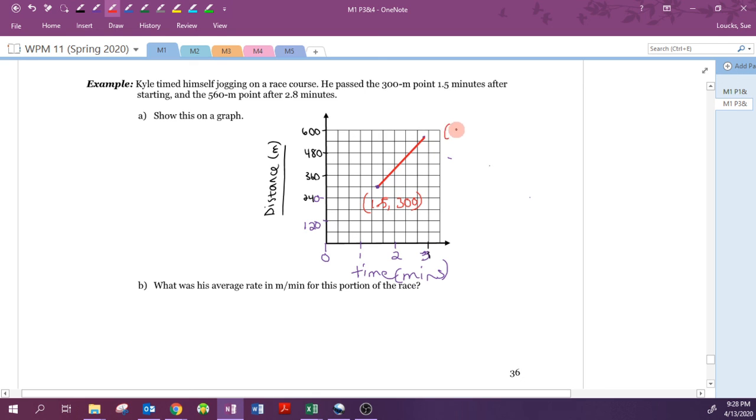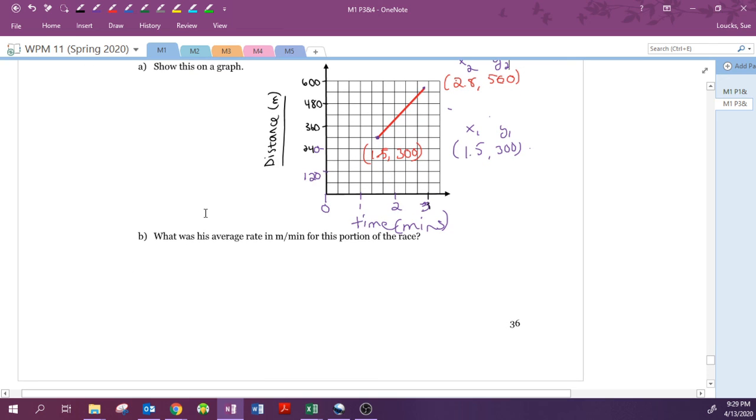And this point up here is 2.8 minutes and 560 meters. I'm going to write that over here because it's hard to read on the graph. So it's 1.5, 300. I'm going to call that my x1, y1, and this is my x2, y2.